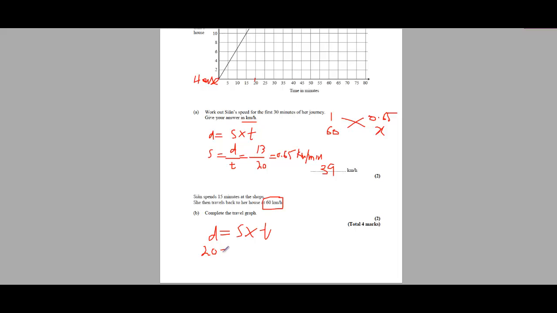Speed is given in the question, 60 km per hour, and we have to calculate time. So it will be 20 over 60, which is 1 over 3 hours.